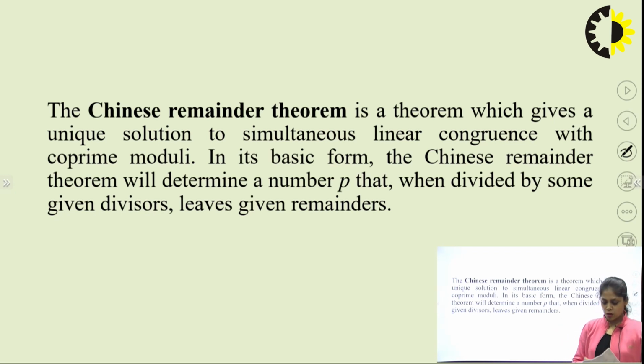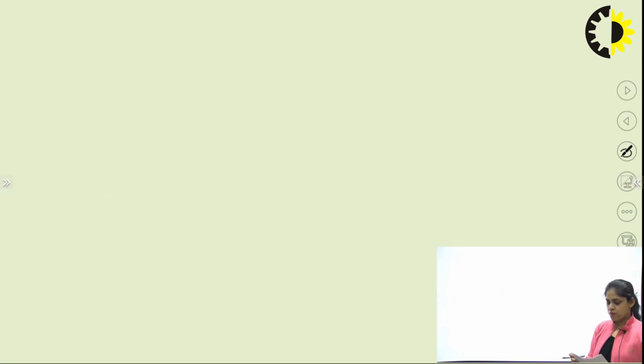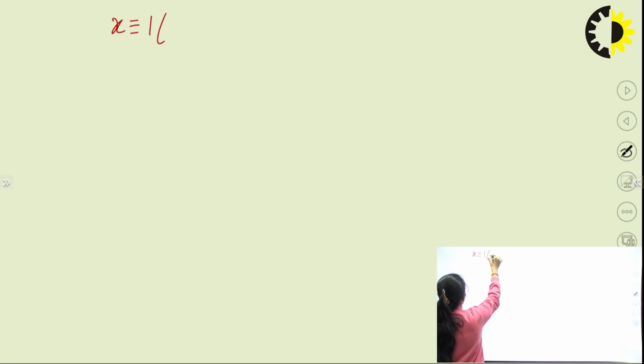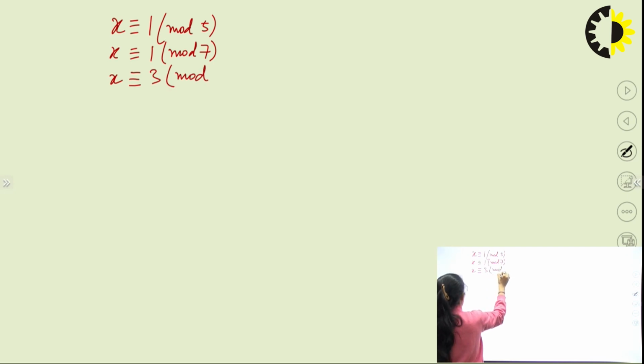So let's take the numerical, then you will come to know how CRT gives a proper solution to moduli. Our question will be x congruent to 1 mod 5, x congruent to 1 mod 7, and x congruent to 3 mod 11.